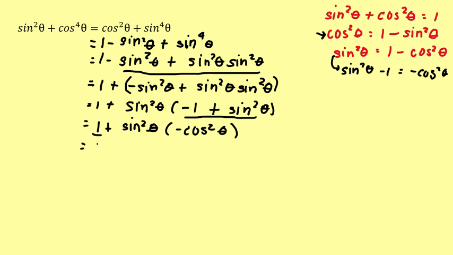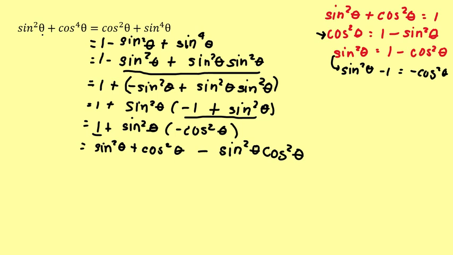So this is sine squared theta plus cosine squared theta plus sine squared theta times negative cosine squared theta. Since this is negative, I'll skip one step and just say this is minus sine squared theta cosine squared theta.